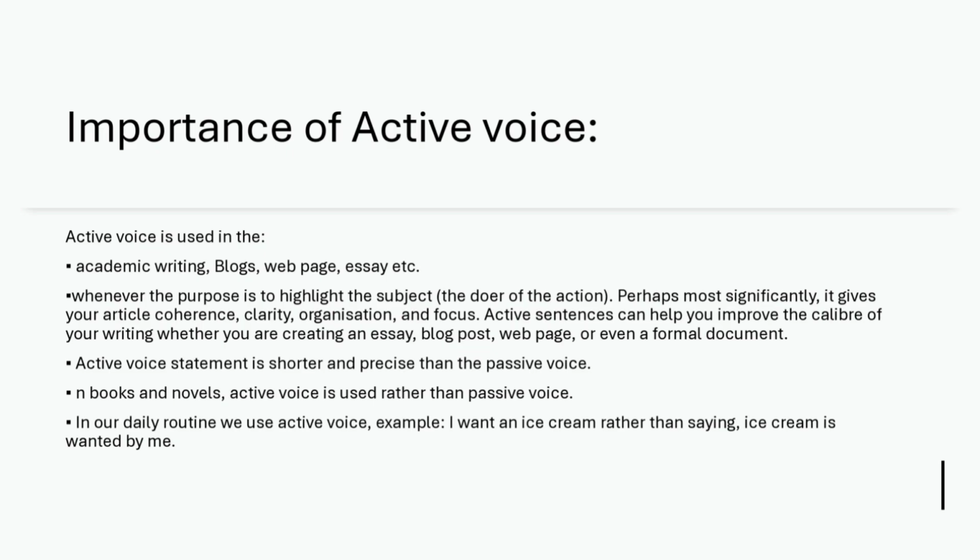We use active voice as it gives clarity, cohesion and coherence, organization, focus, and it even improves the caliber of your writing. An active voice statement is shorter and more precise than the passive voice. In our daily routine, we use active voice. For example, I want an ice cream, rather than saying ice cream is wanted by me. So we never use passive voice in our daily conversations.